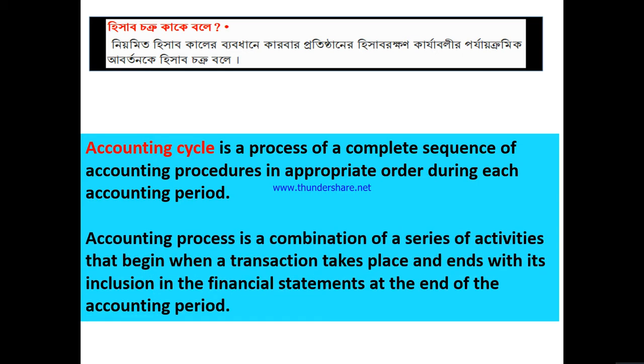Accounting process is a combination of a series of activities that begins when a transaction takes place and ends with its inclusion in the financial statement at the end of the accounting period. That means accounting cycle is a process of a complete sequence of accounting procedure in appropriate order during each accounting period.